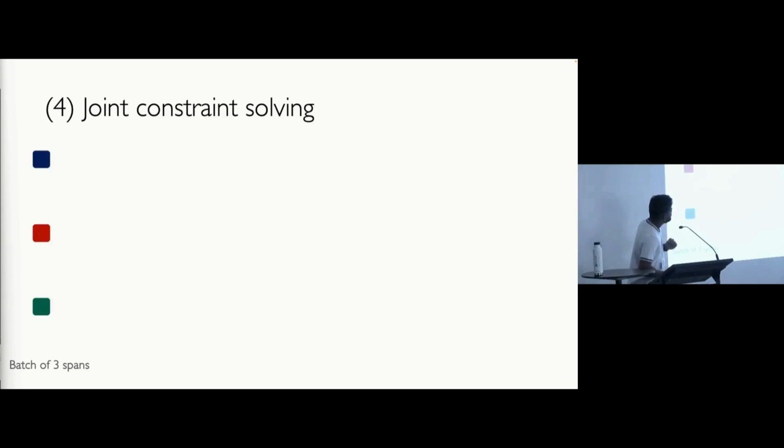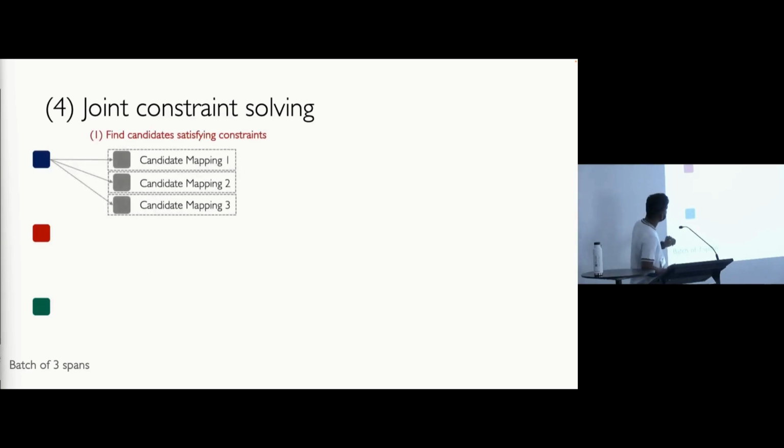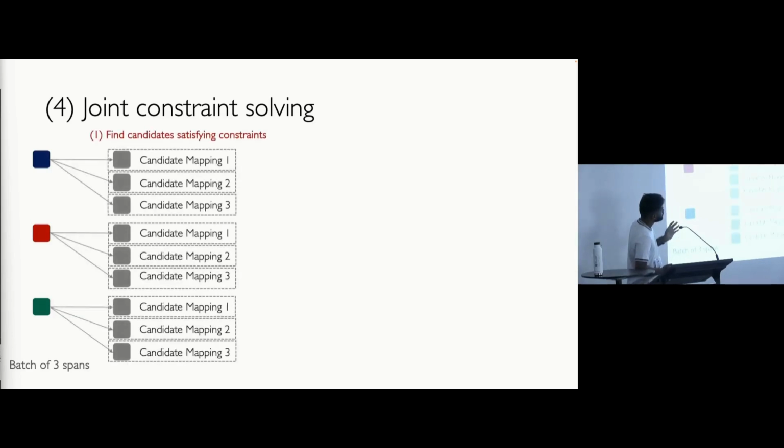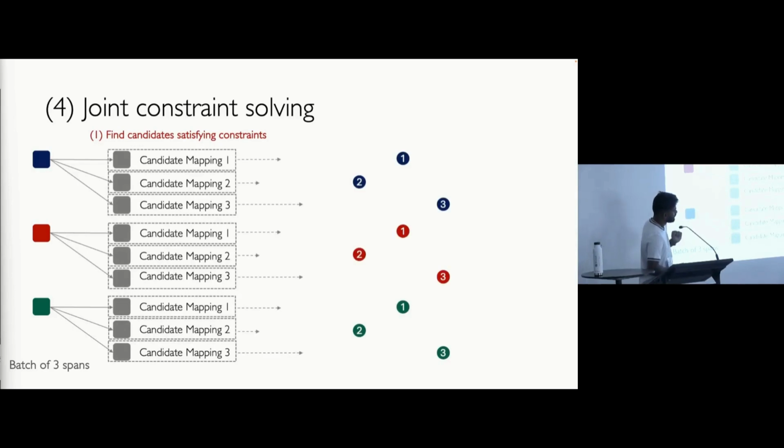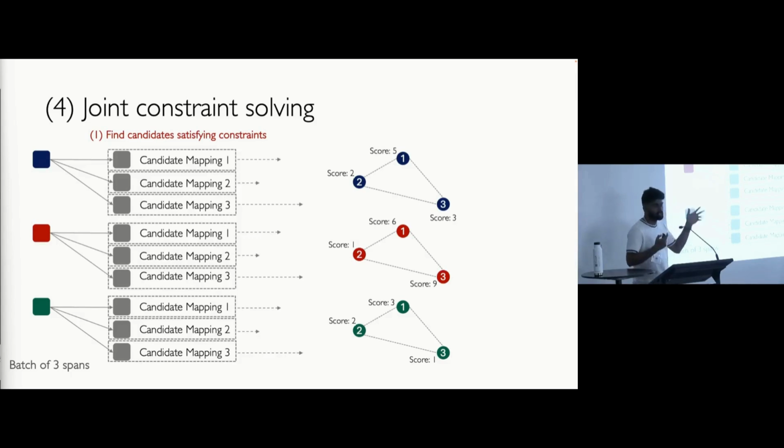All right, so let me give you an illustrative example. Let's say you have a batch of 3 spans, and you have identified the candidate mappings for each one of them. We convert them into vertices of a graph, and we assign scores to these vertices corresponding to the scores we get from the probability distributions. Then we add edges to encode our constraints.